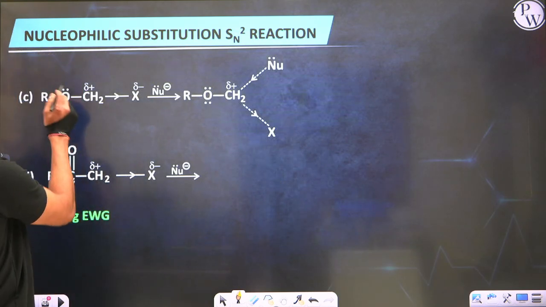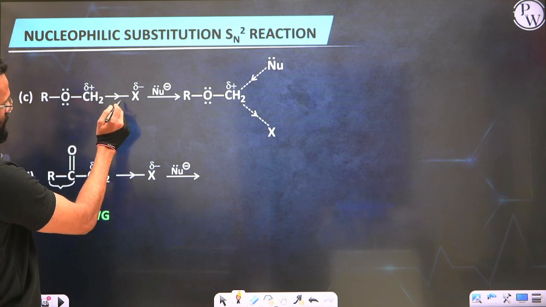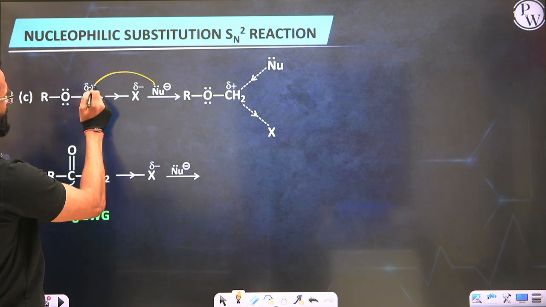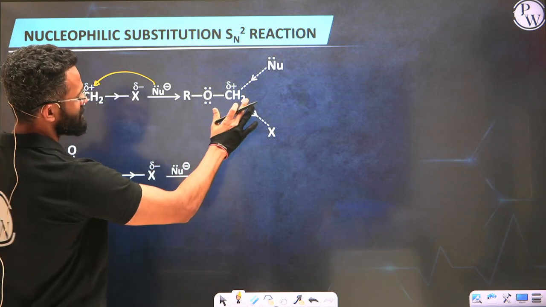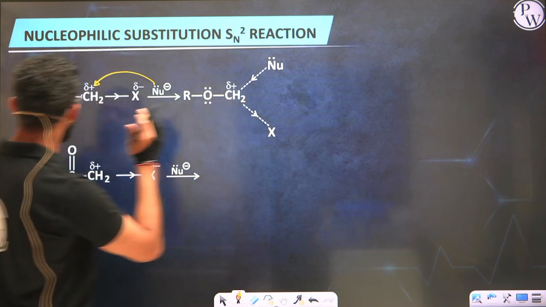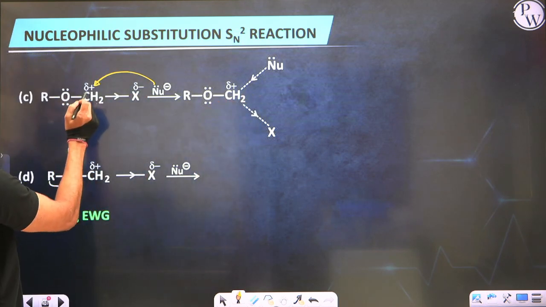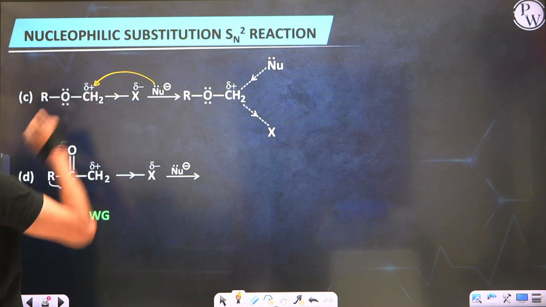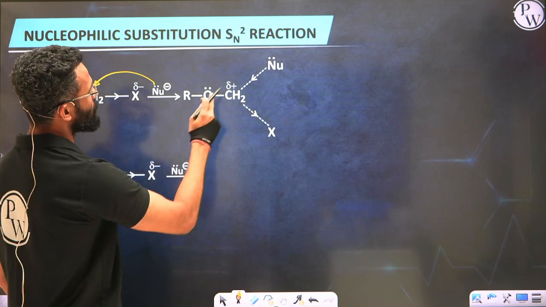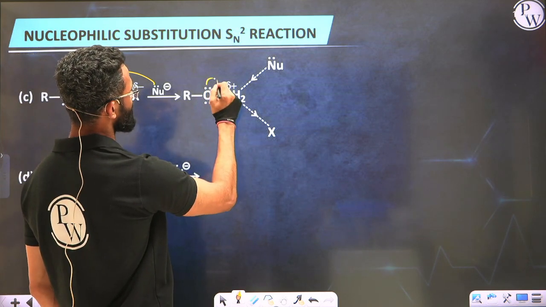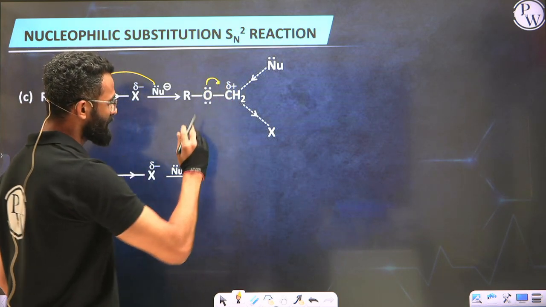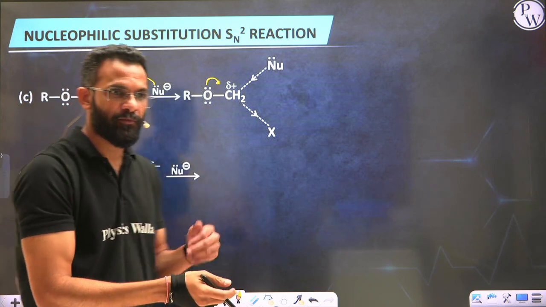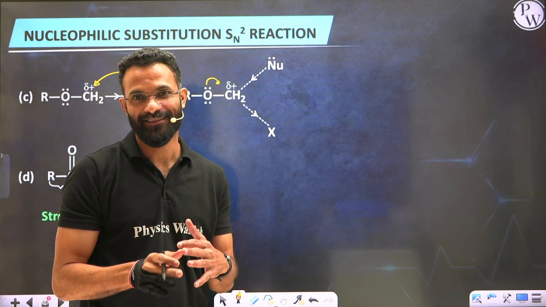Now we have an alkoxy group at the carbon carrying the leaving group. So again, the nucleophile attacks at this deficient carbon. In the transition state which is formed, first of all, O is more electronegative, developing delta plus to a greater extent, so nucleophilic attack will be faster. Once the carbocation character is formed, there is partial delocalization of the lone pair, and delocalization of a lone pair is far better than that of a pi bond.